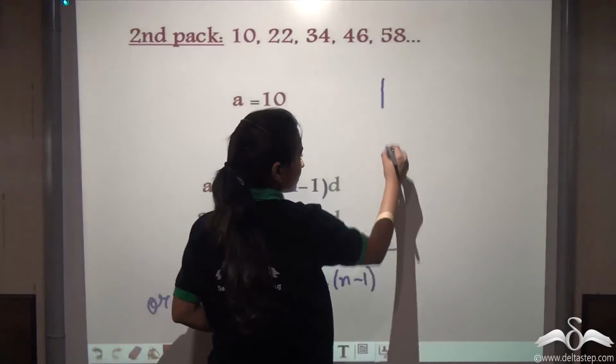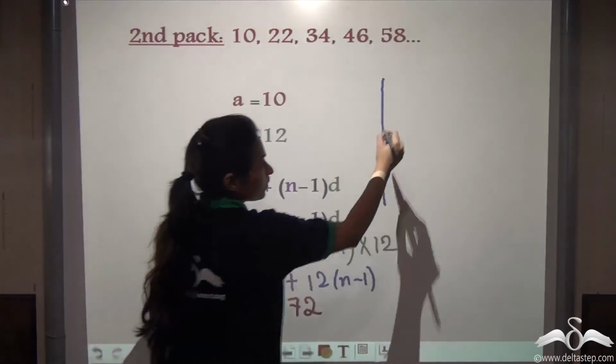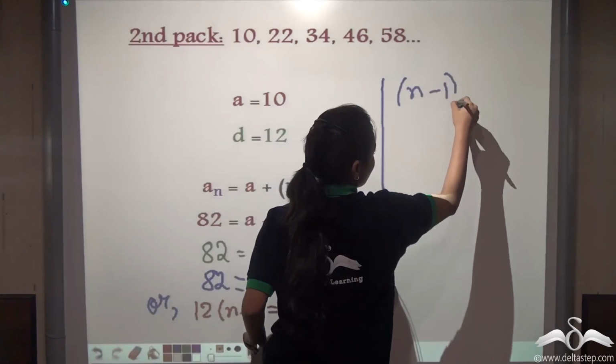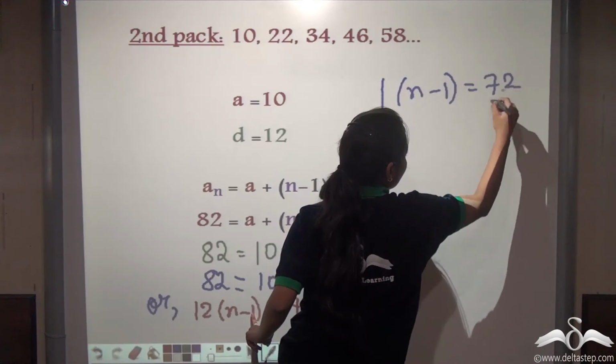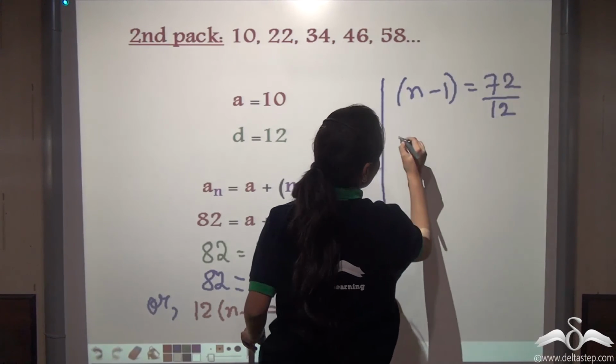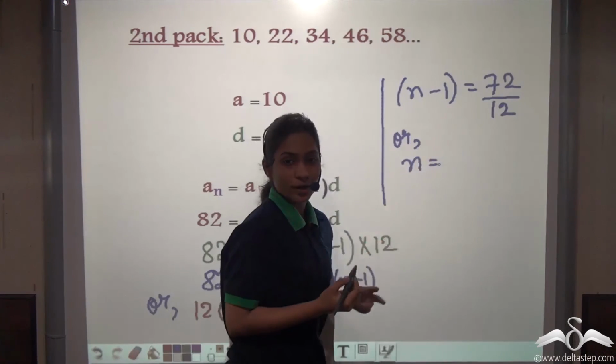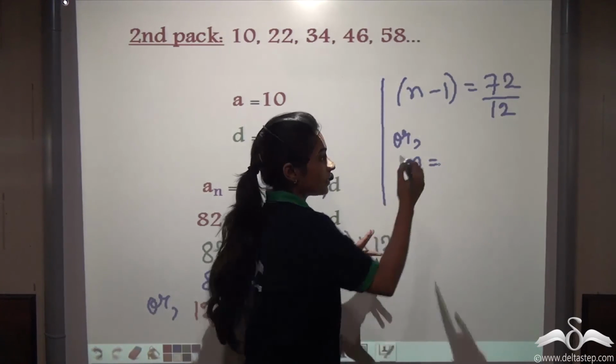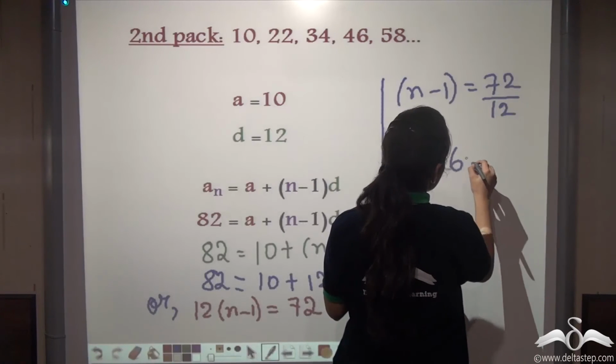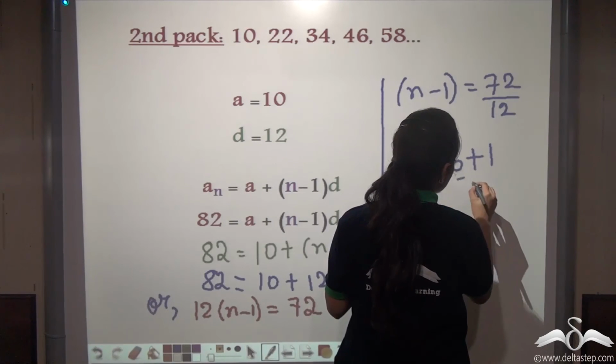Now we can solve it as n minus 1 is equal to 72 by 12, or n is equal to, what is 72 by 12? We get a whole number. It is 6. So 6 plus 1 gives us 7.